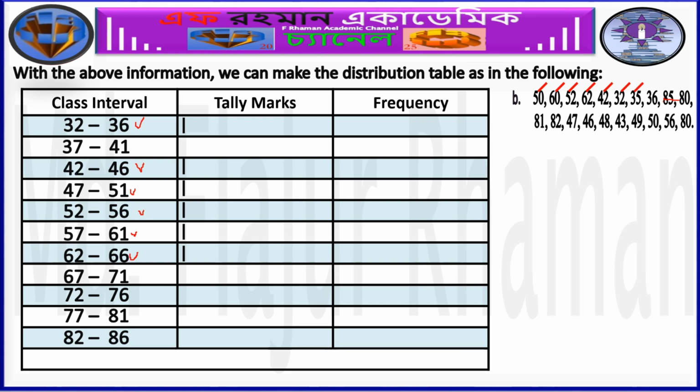For 35, a tally mark is to be drawn in the same class interval. 36 is in the class interval 32 to 36. That's why the third tally mark is to be drawn here.